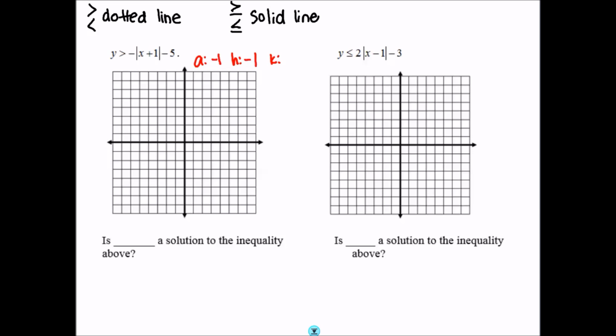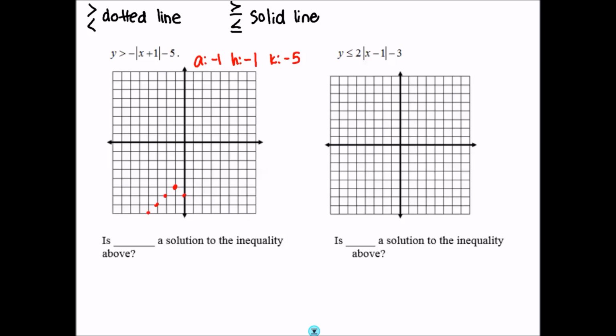H is also going to be negative 1 because we have x plus 1 inside the absolute value bars. And then k is negative 5. This means that we're going to start our graph at negative 1, negative 5. This also means that since a is negative 1, our graph will be opening downward.